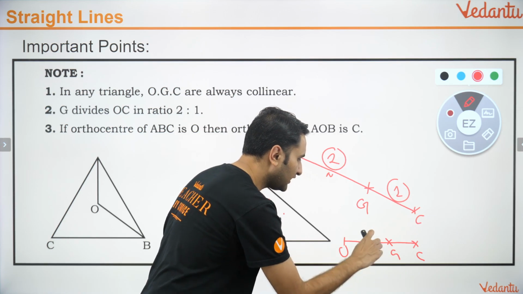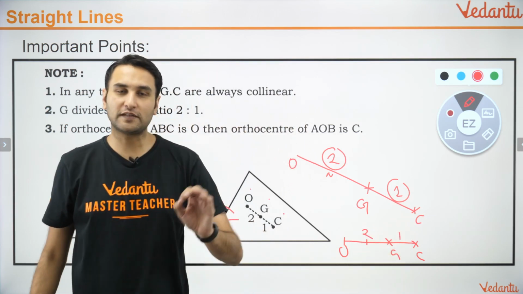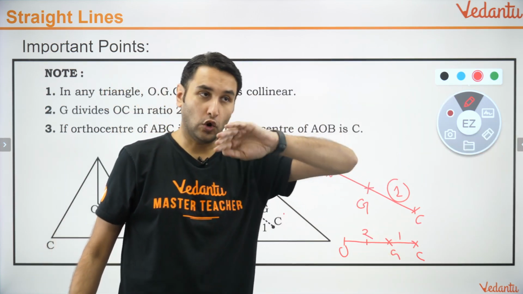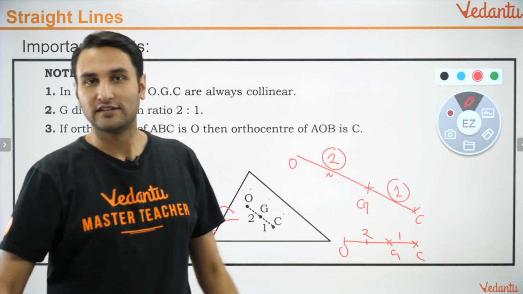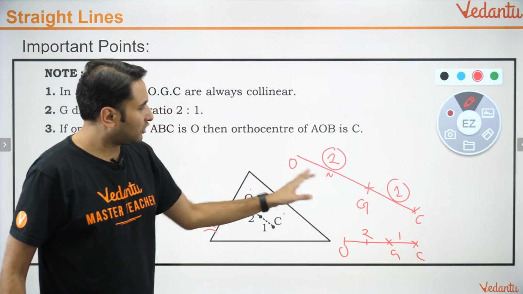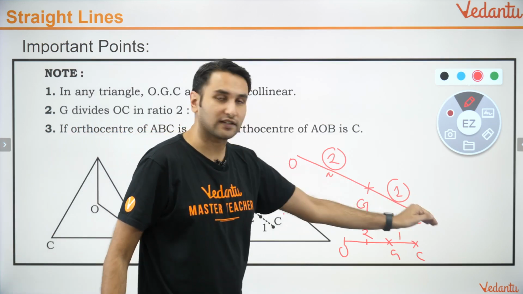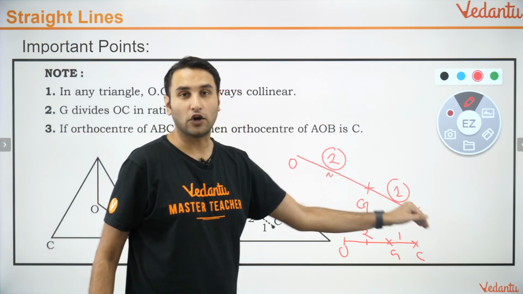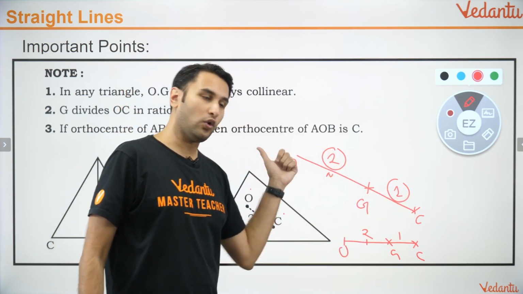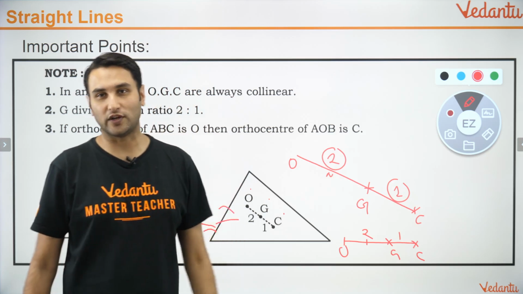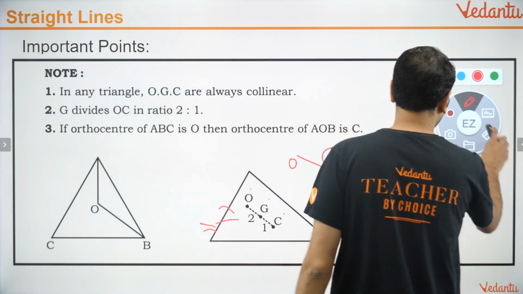So this is like 2:1. So always remember OGC, OG 2, GC 1, 2:1. All right? Clear? So always remember, orthocenter, centroid and circumcenter are collinear. They always lie on a single line, and centroid divides O and C in the ratio 2:1. ठीक है? चलो, on that note, let's move ahead.